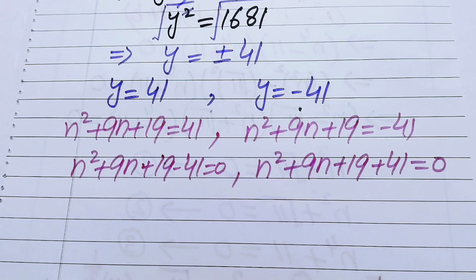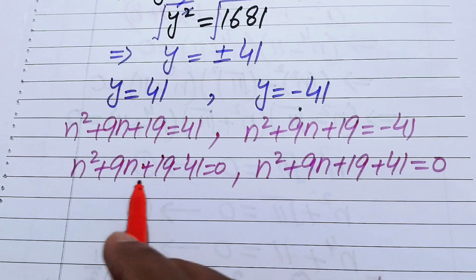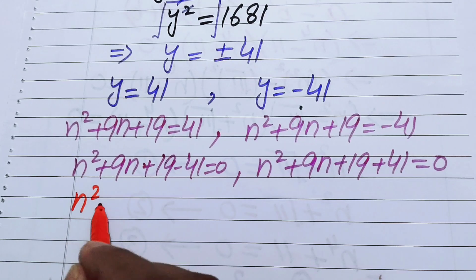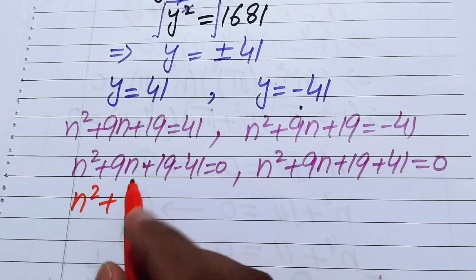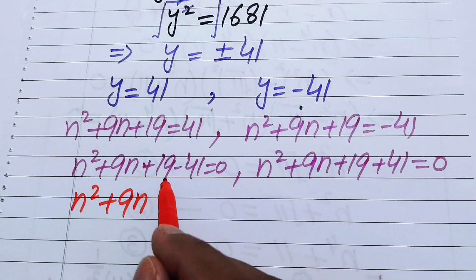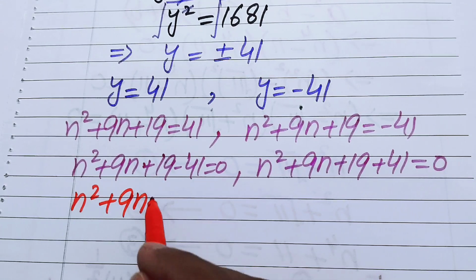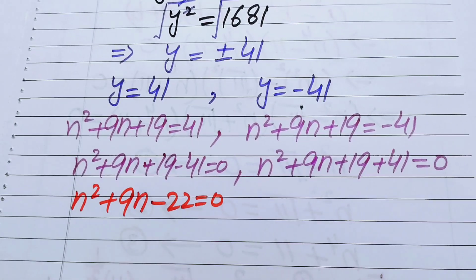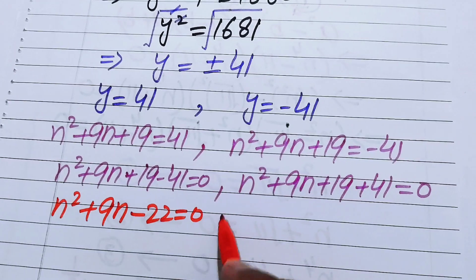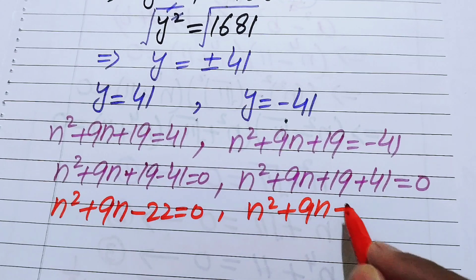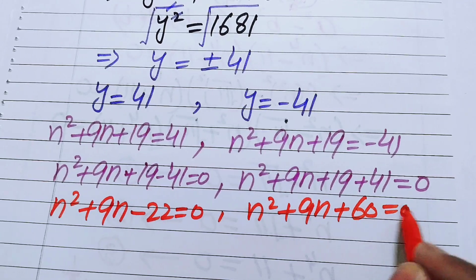So now in the first part you have n squared plus 9n, and 19 minus 41 equals minus 22, equals 0. In the second case you have n squared plus 9n plus 60 equals 0.